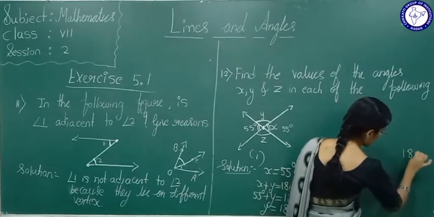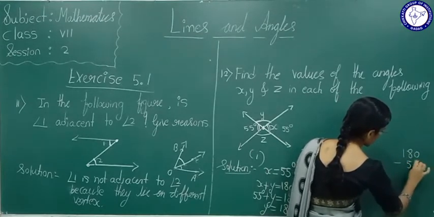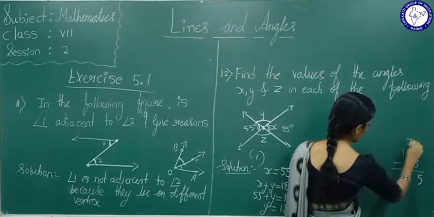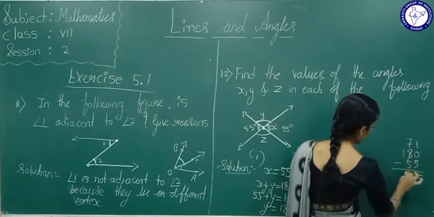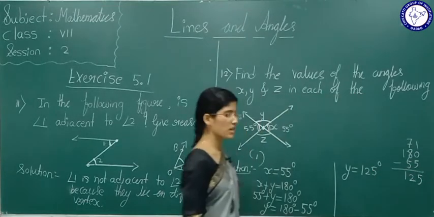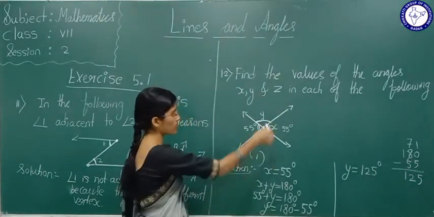What is 180 minus 55? 10 minus 5 is 5, here it will become 7, 7 minus 5 is 2, here it will be 125 degrees. Okay, y is nothing but 125 degrees.